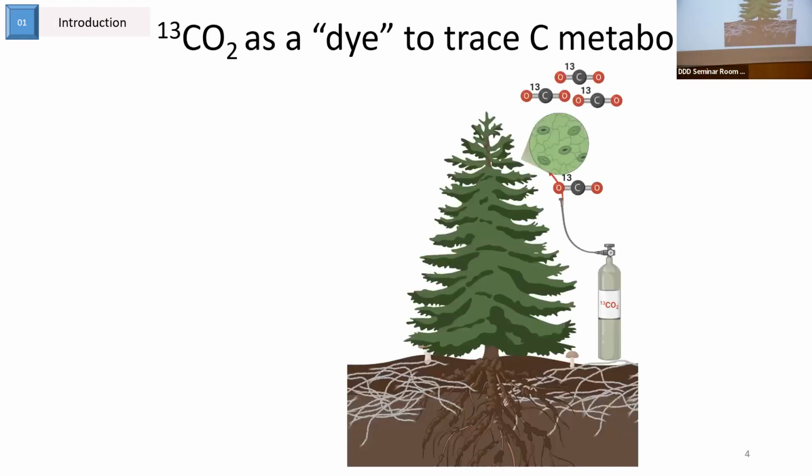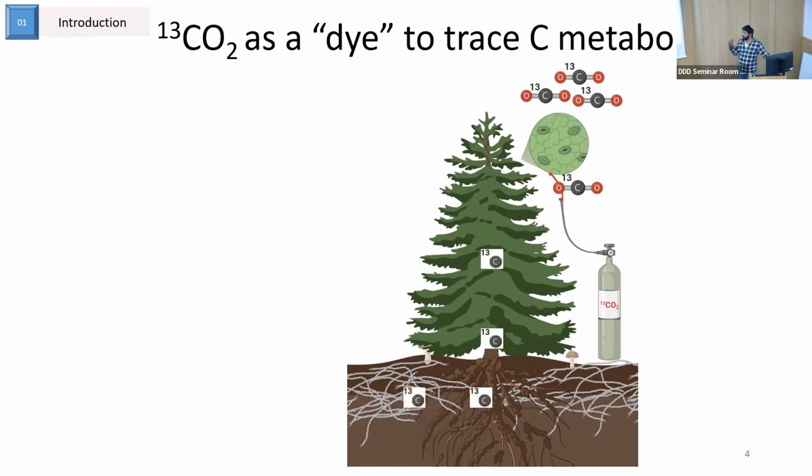For this purpose, our main method was based on isotopic labeling, where we gave carbon dioxide in which the carbon is carbon-13, and we could locate it after labeling. So we gave the carbon dioxide in the form of gas, and the tree fixed it in the process of photosynthesis and turned it into different metabolites.